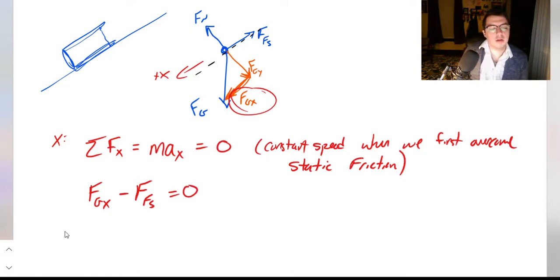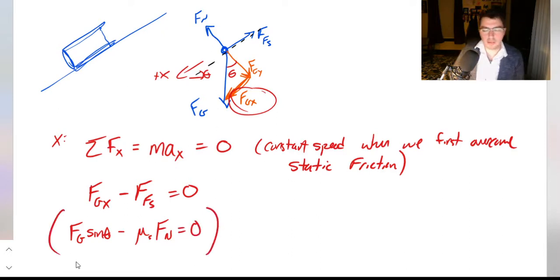So I have force of gravity times the sine of theta, right? This angle theta is equal to this angle theta by definition, minus the static friction force, which is mu static max times the normal force, equals 0. So again, I'm partway there to answering my question.